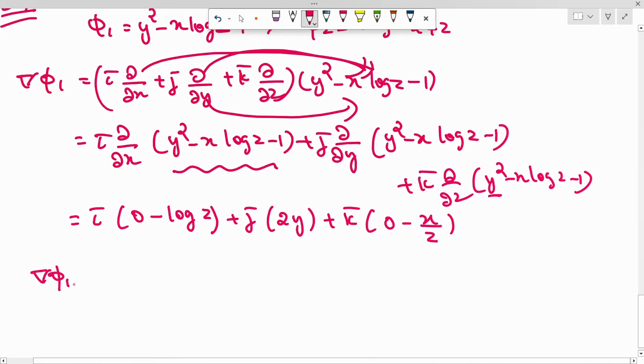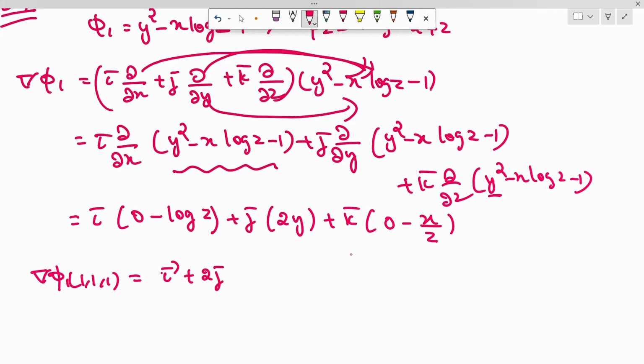Then substitute 1 comma 1 comma 1. I vector into minus log 1. The value of log 1 is 0, so the i term is 0. 2 into y will be 2j vector.